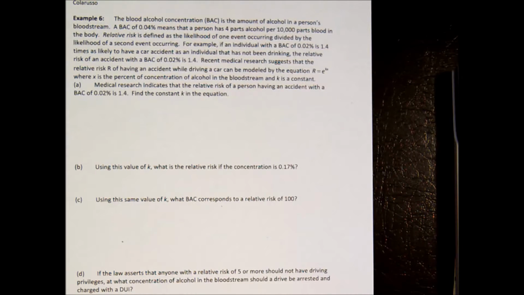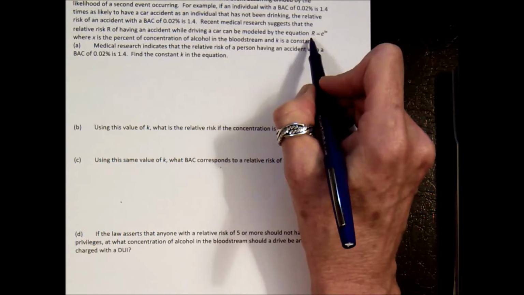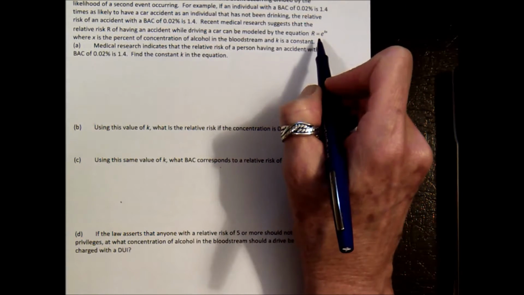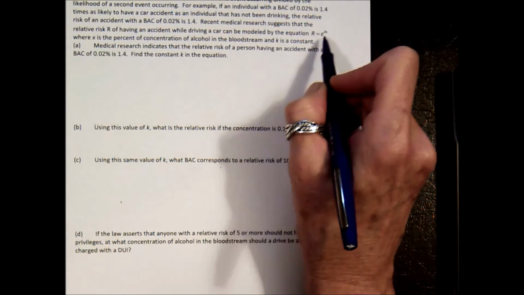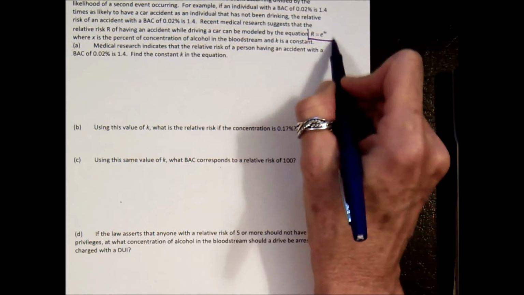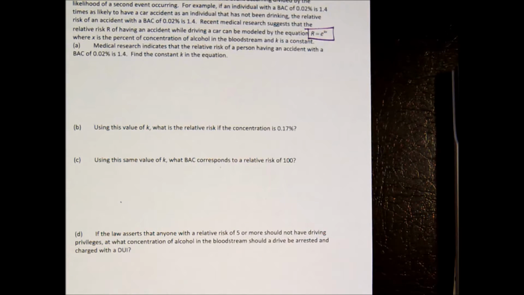Recent medical research suggests that the relative risk, which we're going to call capital R, of having an accident while driving a car can be modeled by this equation. R equals e to the kx, where k is a constant, just like when you were learning variation in intermediate algebra. R equals e to the kx, where x is the percent of concentration of alcohol in the bloodstream and k is a constant.